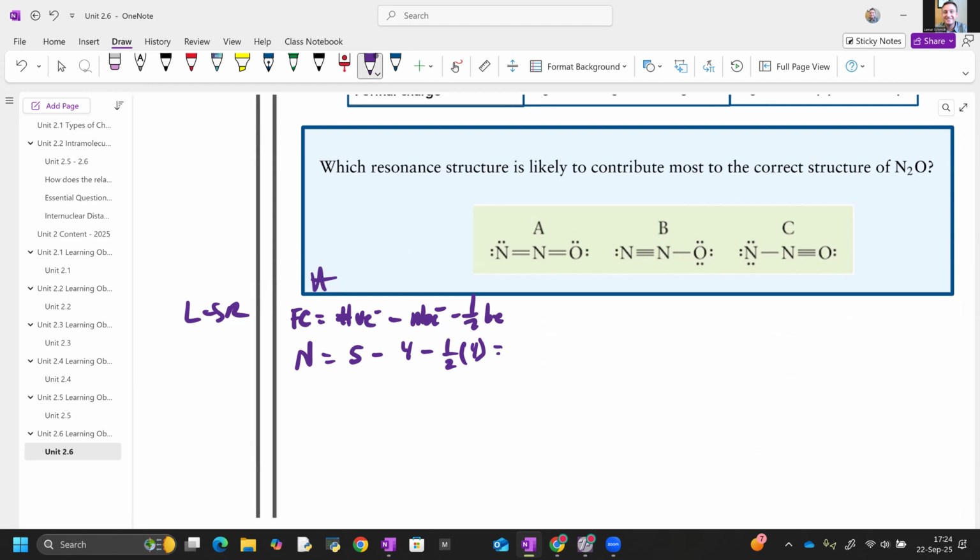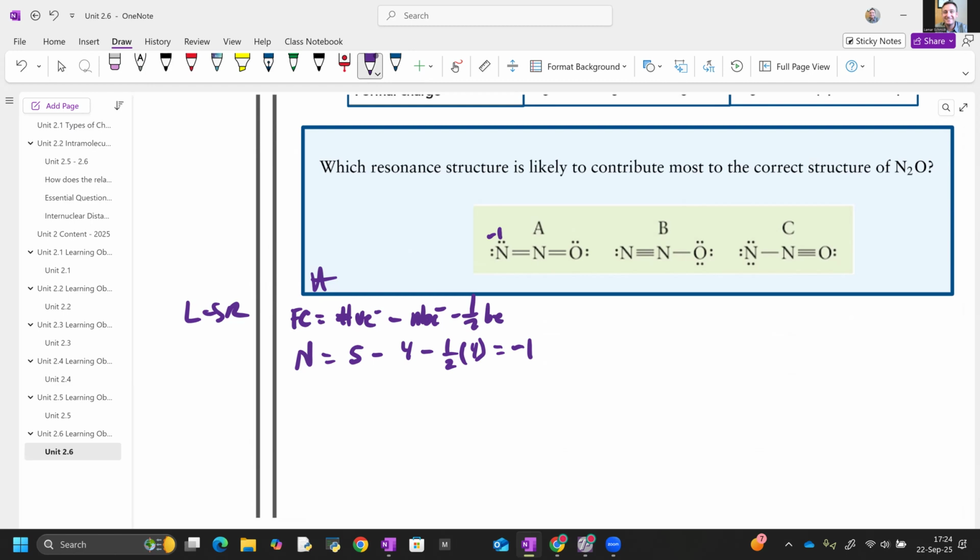And so we see 5 minus 4, which is 1, minus 1/2 of 4, which is 2. So 1 minus 2, which is -1.